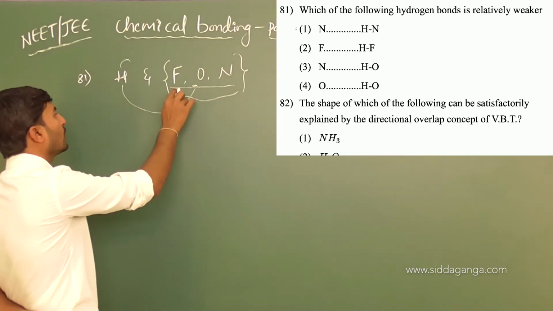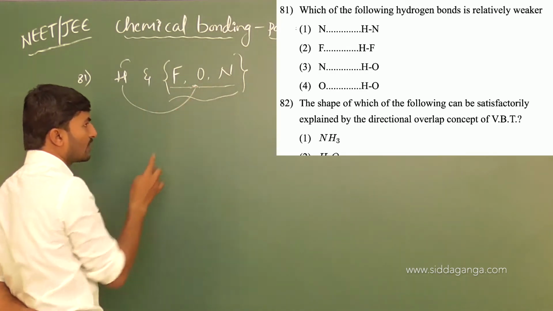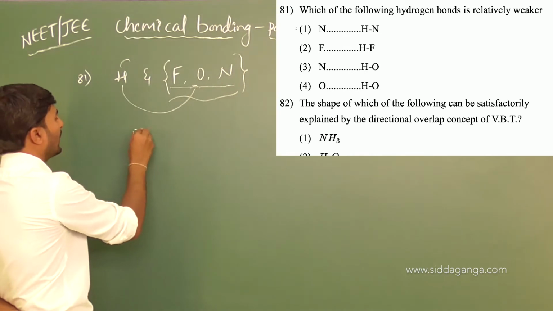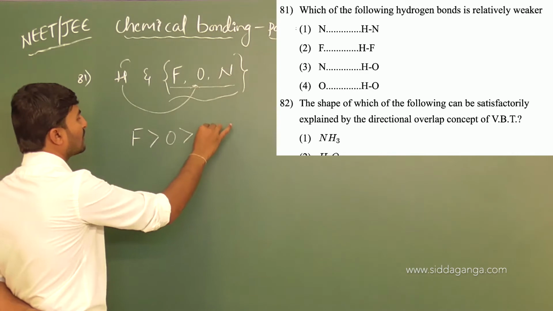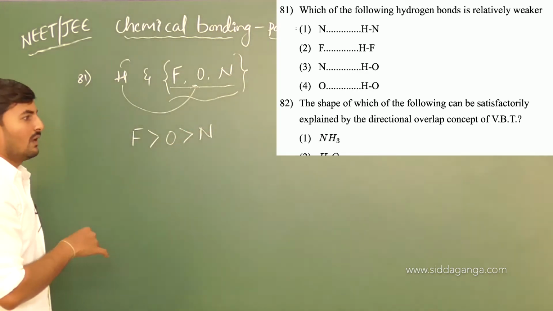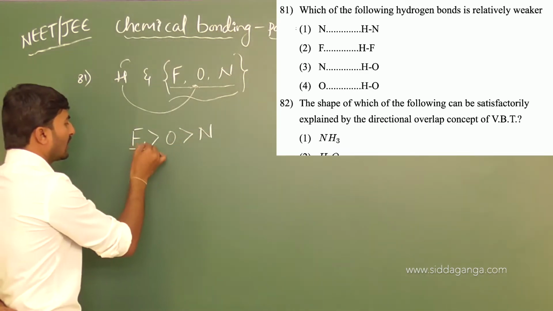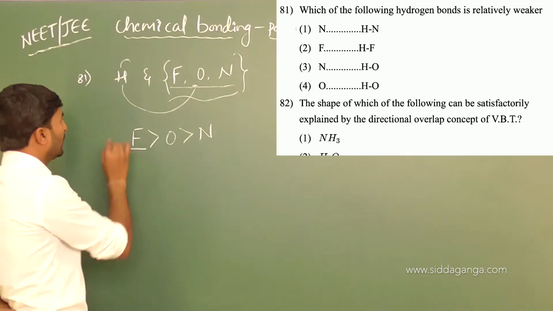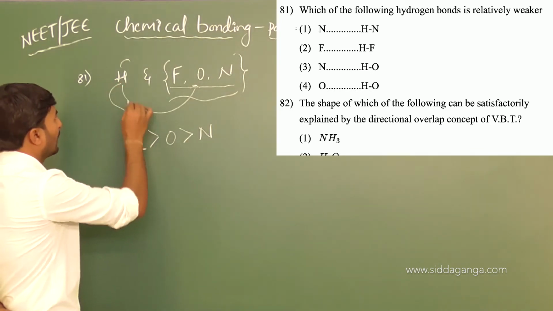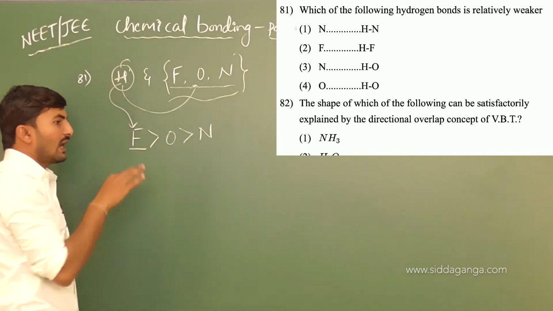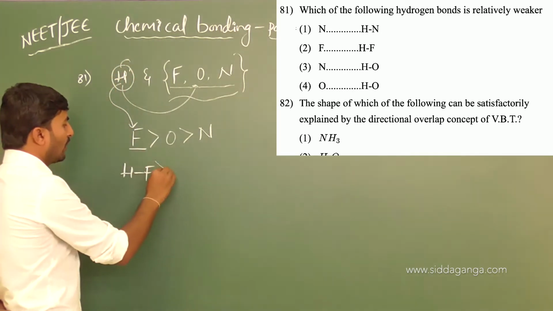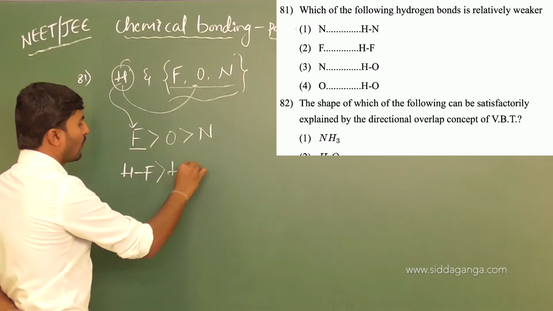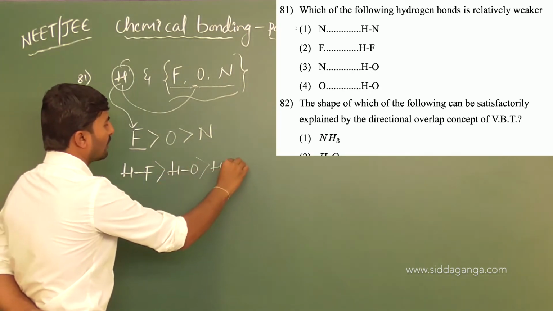Among fluorine, oxygen and nitrogen, fluorine is most electronegative, then oxygen followed by nitrogen. Like that, if we consider the strength of the hydrogen bond, the hydrogen atom is bonded with fluorine, followed by the HO bond, followed by the HN bond.